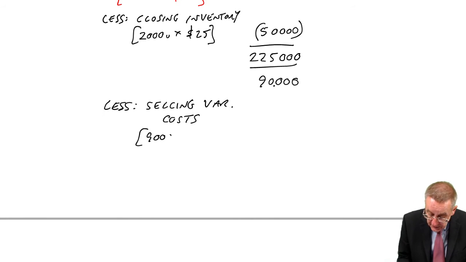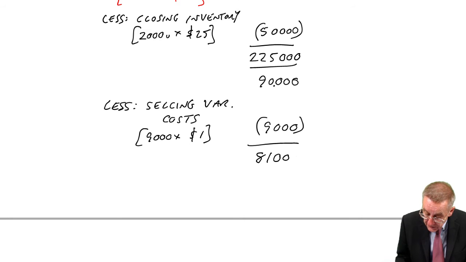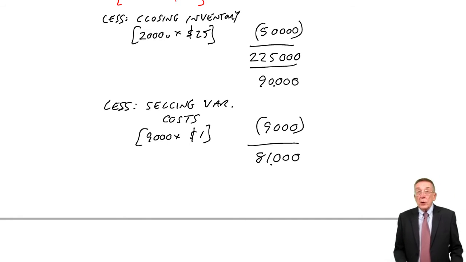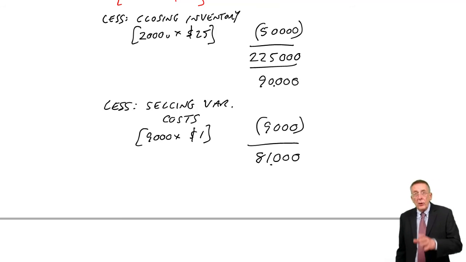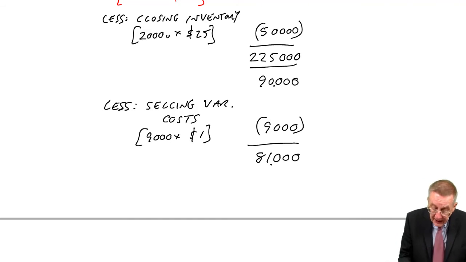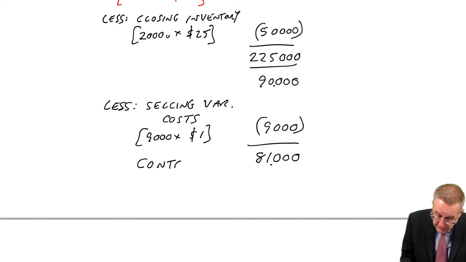So 9,000 at $1 is 9,000, bringing us down to 81,000. And of course, that 81,000, that's our profit before fixed costs. That is our total contribution.